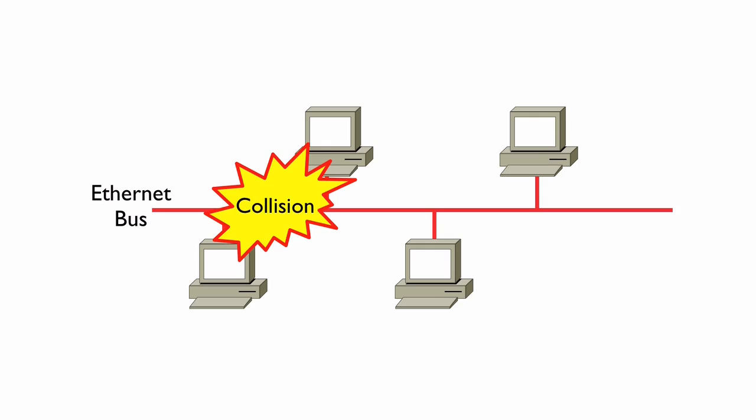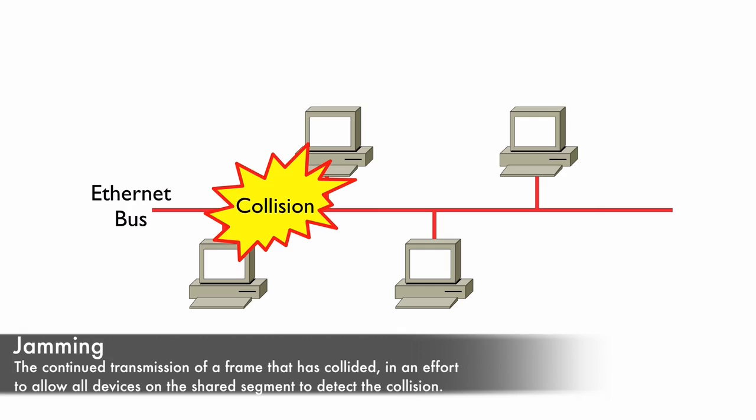And if we stop transmitting immediately as soon as we detect a collision, other devices might not know. So we continue to transmit that frame. That process, by the way, is known as jamming. Jamming is continuing to transmit a frame for a short time so that other devices on a shared segment can know that a collision did occur.